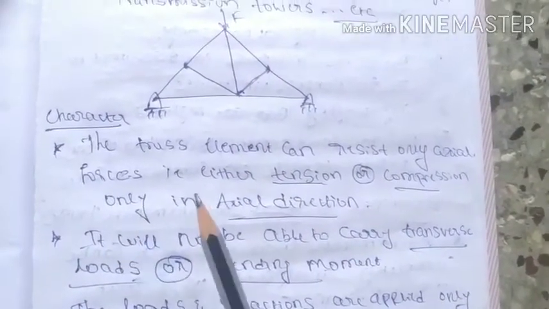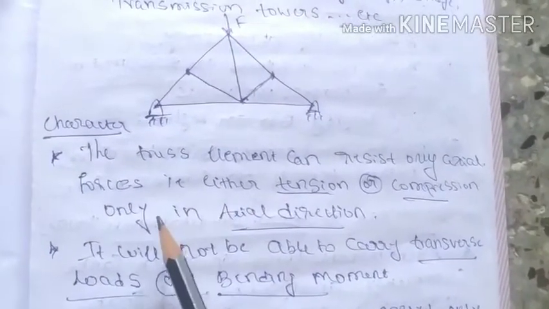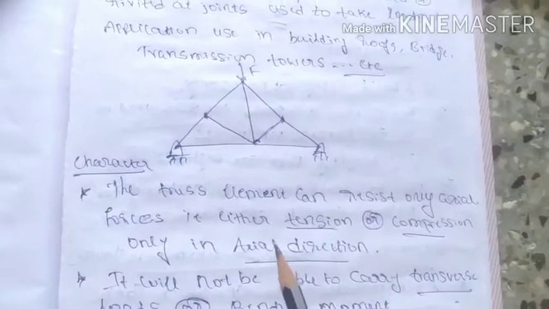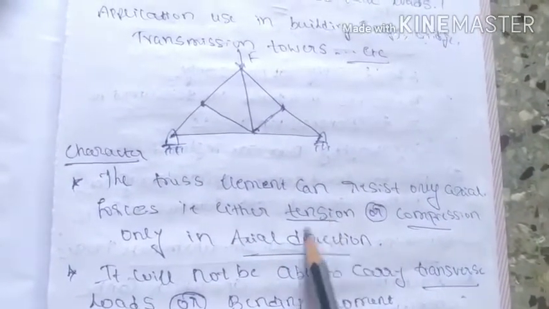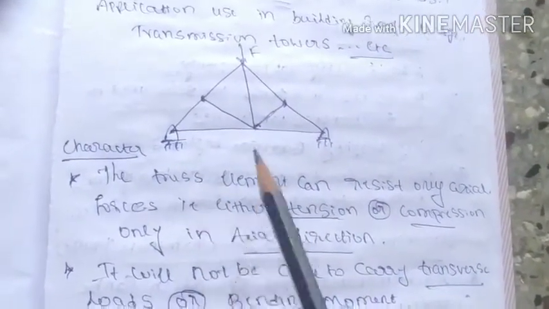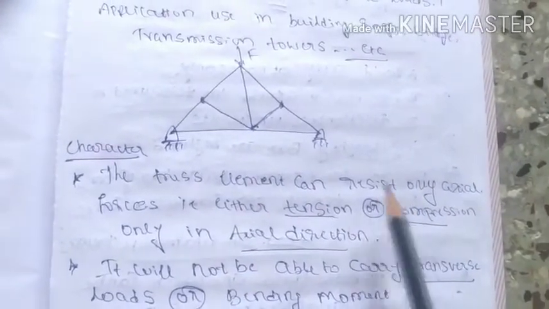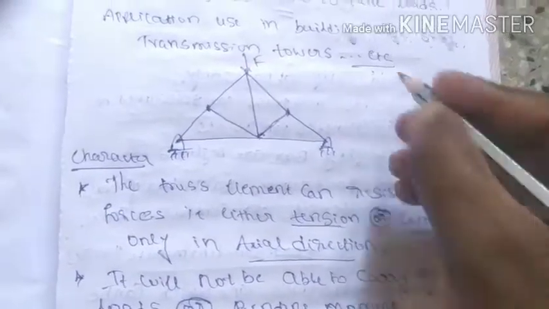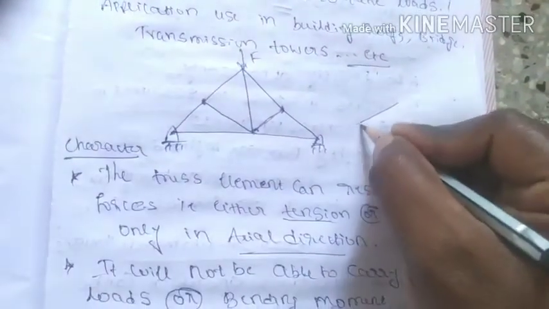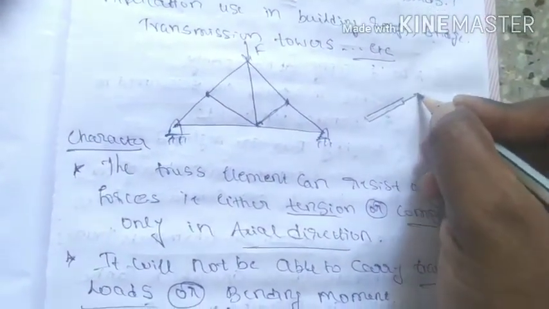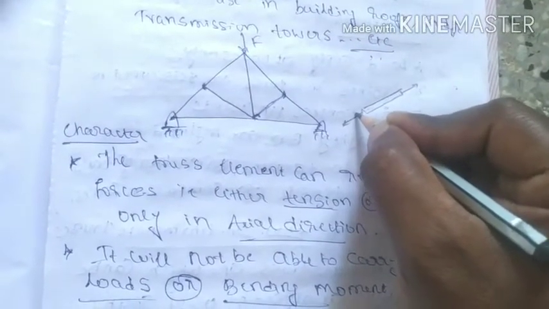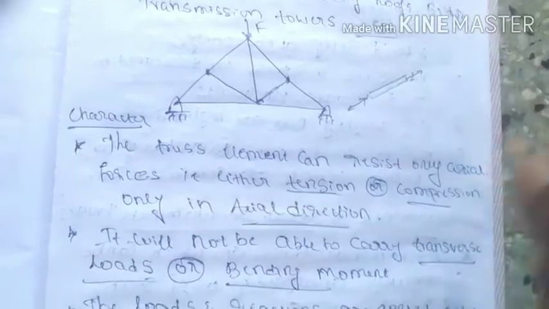As I told you, that is a characteristic of a bar, and the same thing applies to trusses because a truss is made up of a number of bars. So the truss element can resist only axial force, that means only along the length direction. If the bar is like this, it can take load only in the axial direction along the longitudinal, either tension or compression.